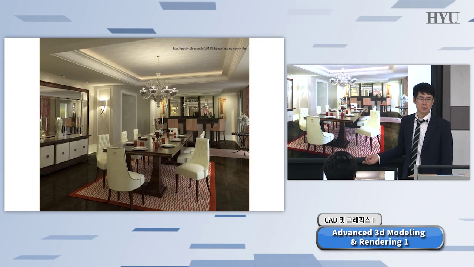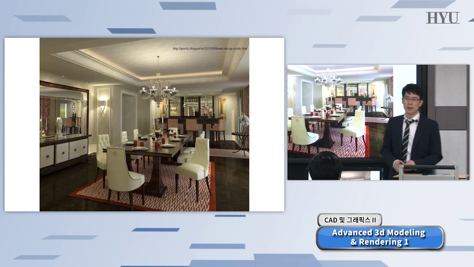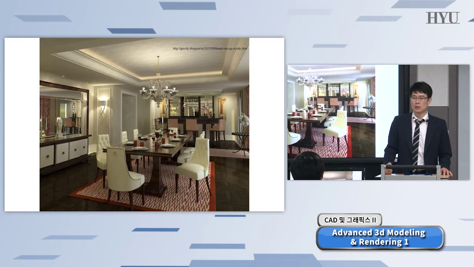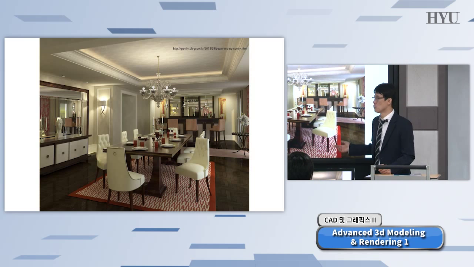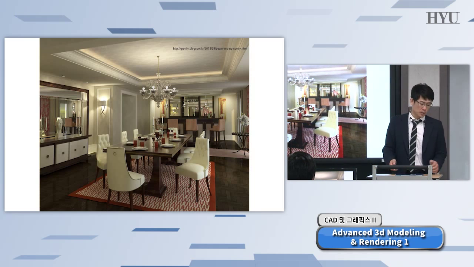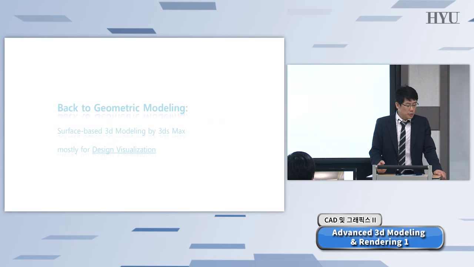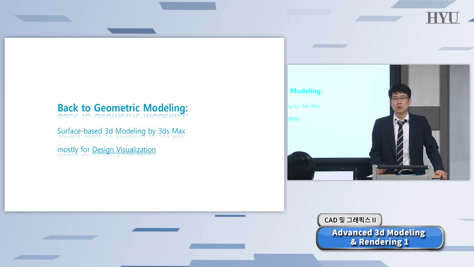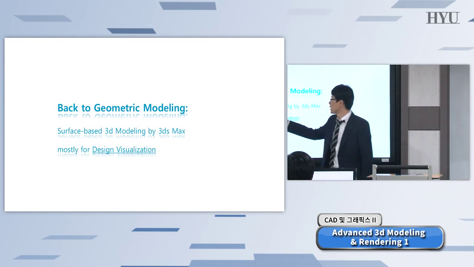That's the difference. But anyway, you can visualize this scene without controlling polygons or some other geometric things. That's the point. But actually we need to go back to geometric 3D modeling, okay? So-called surface-based 3D model.